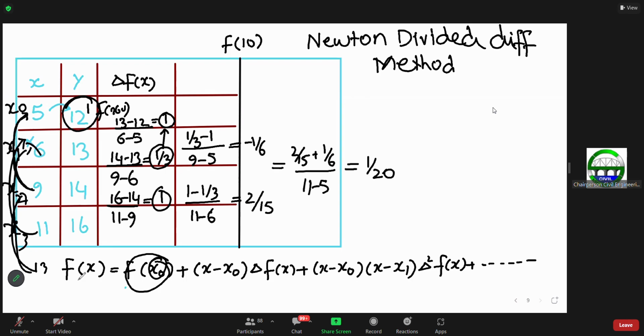Okay, let me write, I will use a different color. Okay, and f of x naught is equal to 12 plus x is equal to, what is my x? Let's say if I want to find the value at 10, so x will be 10 minus x naught, which is 5.